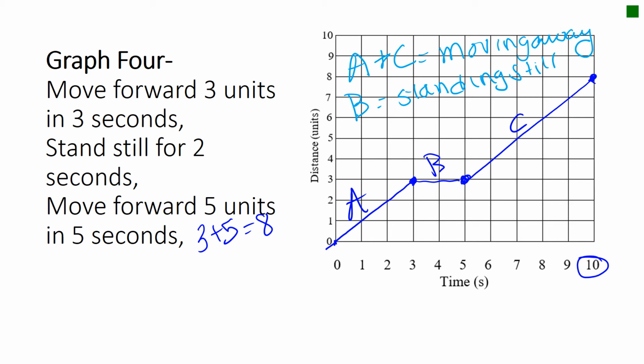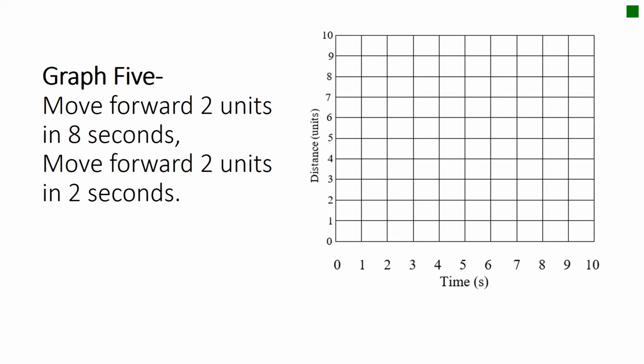So notice, what is your slope if you are standing still? If you are standing still, your slope is rise over run. What are we rising? We're going from 3 to 3, so that's a 0. Your slope would be 0. So whenever you see a horizontal line, that means your slope is 0, and that means you are standing still.